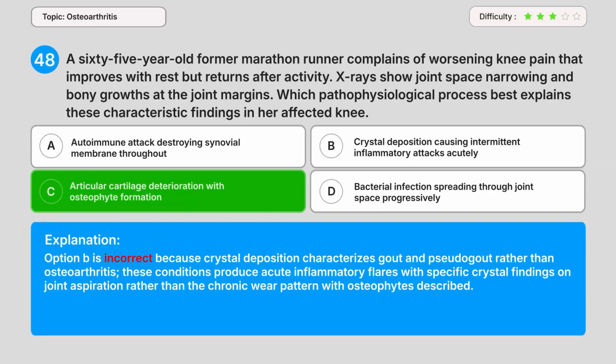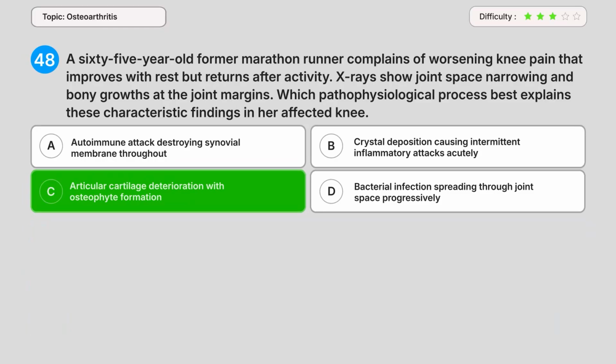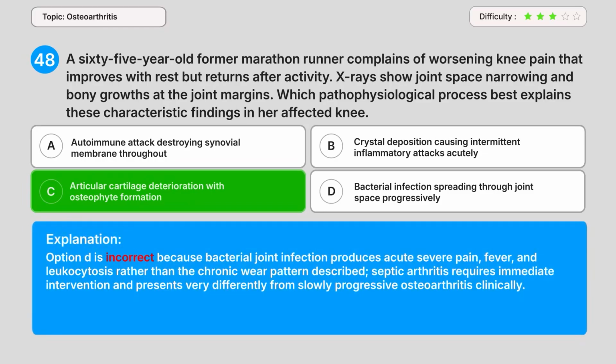These conditions produce acute inflammatory flares with specific crystal findings on joint aspiration rather than the chronic wear pattern with osteophytes described. Option D is incorrect because bacterial joint infection produces acute, severe pain, fever, and leukocytosis rather than the chronic wear pattern described. Septic arthritis requires immediate intervention and presents very differently from slowly progressive osteoarthritis clinically.